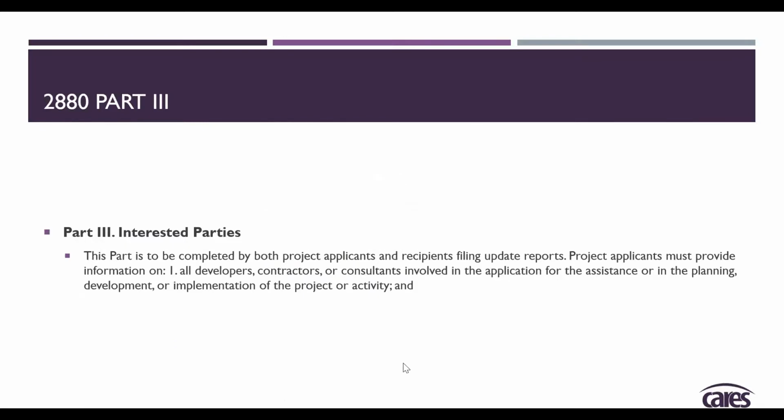Part 3 connects to that and follows up, I should say, and asks if there are any interested parties. So I have to tell you, for the majority of our folks, even if you're getting more than $200,000 in HUD assistance, you're not getting over the cap of other government funding in order to answer part 2.